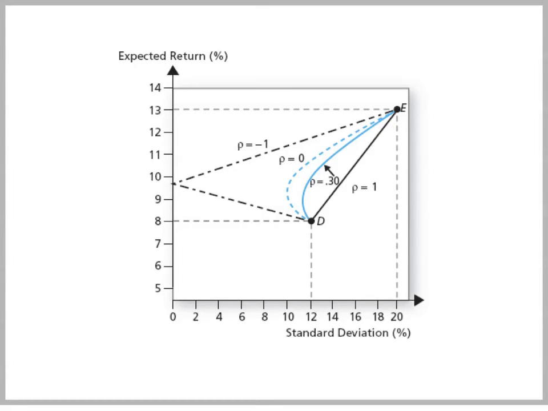So here's a graphical representation of some of the calculations we've been doing. On the one axis, we have standard deviation, and on the other axis, we have expected return.